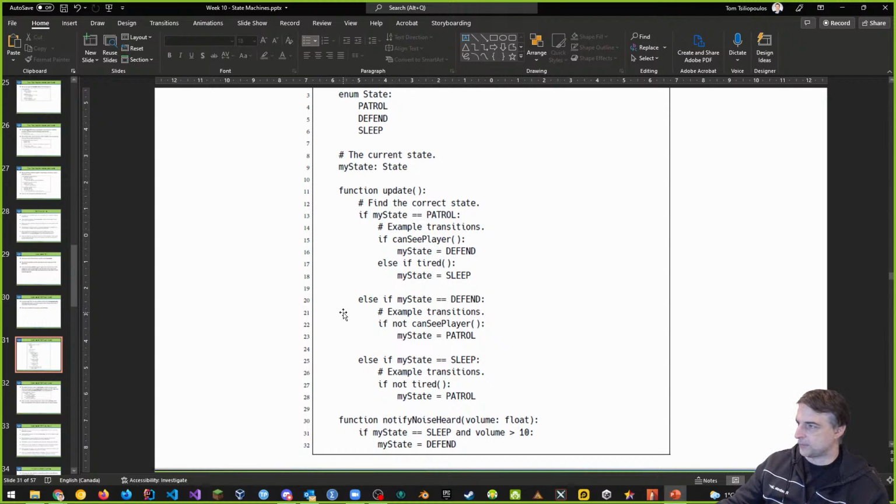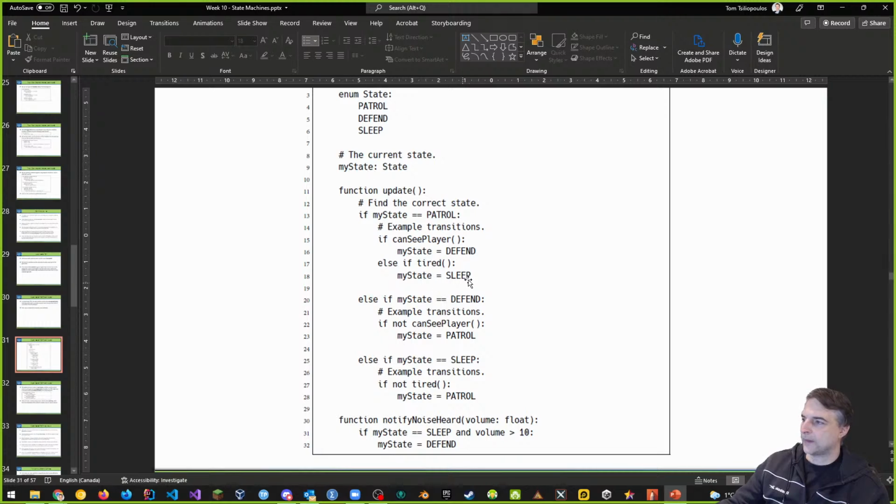And then we exit this part, and it comes back into the update function. And then if my state is equal to defend, and I can't see the player, then my state is equal to patrol. So I can move out of defend, go back into the update function, and go back into patrol if I can't see the player, right?